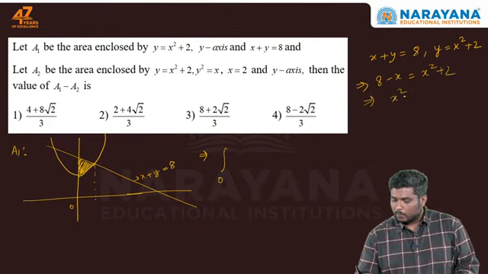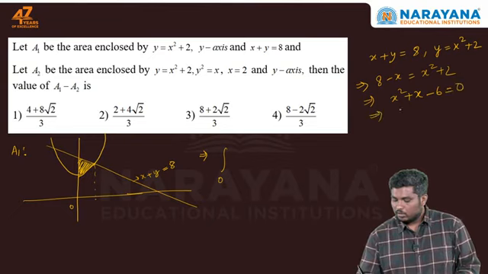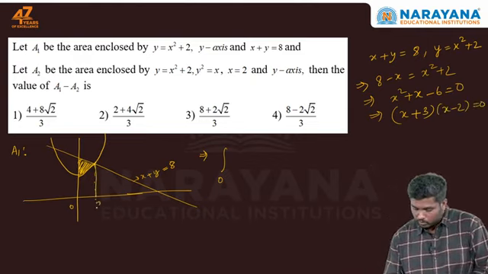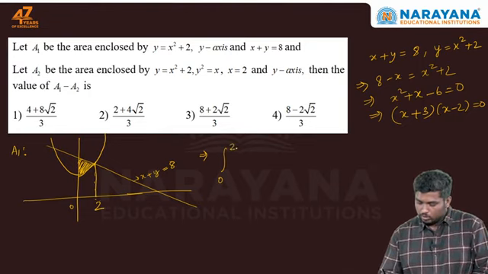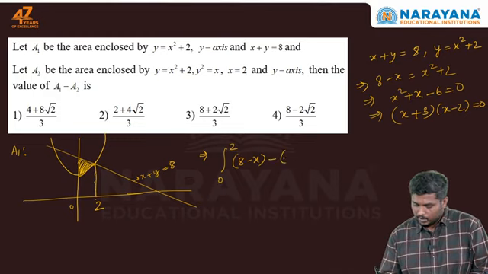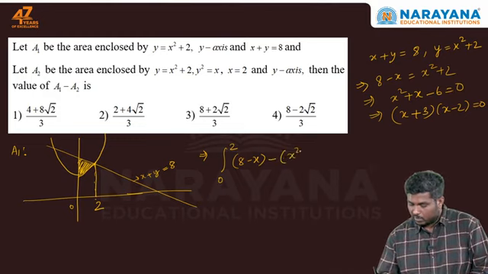So x square plus x minus 6 equal to 0, and x plus 3 into x minus 2 equal to 0. So what is this point? This point is 2. So 0 to 2, straight line, which is 8 minus x, minus the parabola x square plus 2.